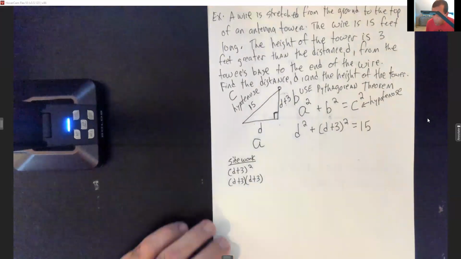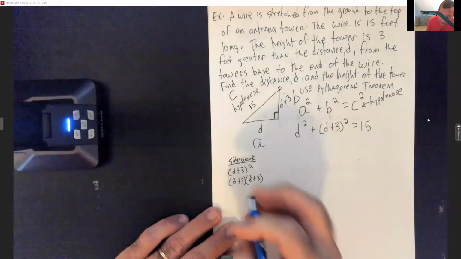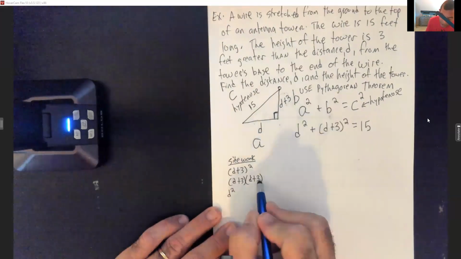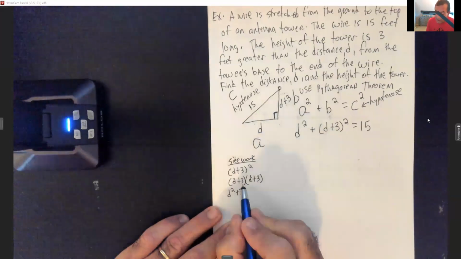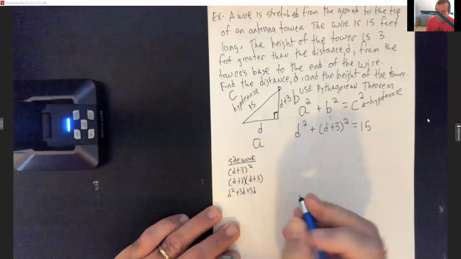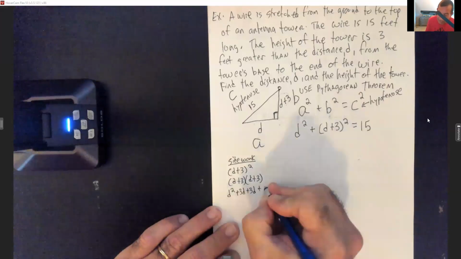And then FOIL. So d times d is a d squared. d times 3 is 3d. Now you go to the inside. 3 times d is 3d. And then finally, the 3 times the 3 is 9.